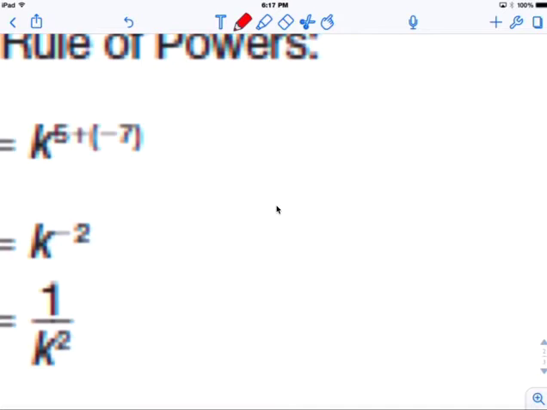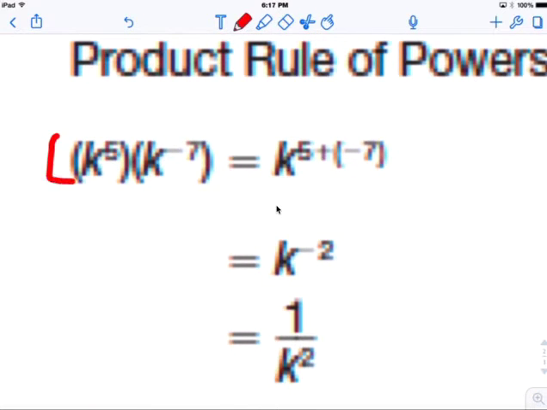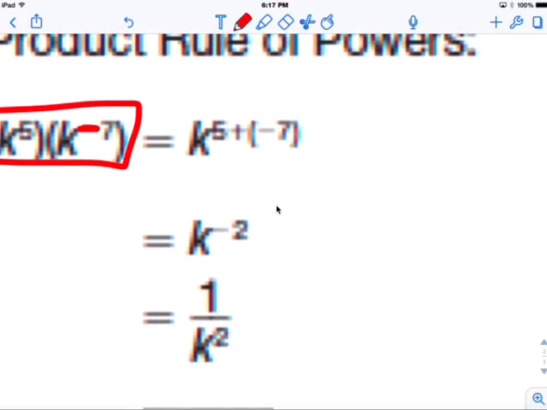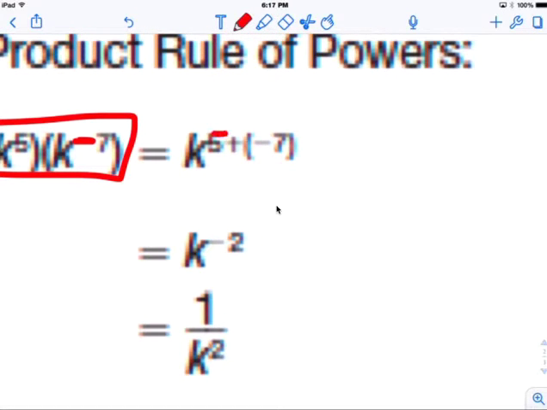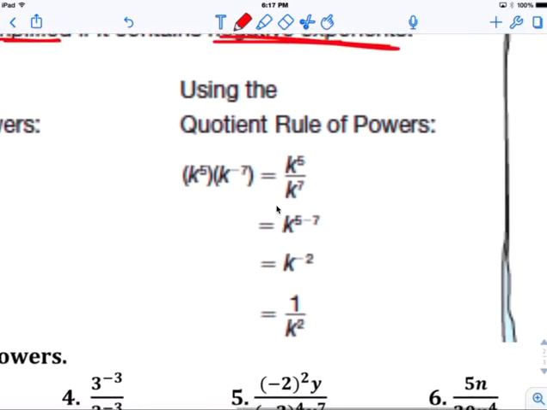So this is not simplified because of this negative exponent. So you add them. 5 plus a negative 7 is k to the negative 2. So that's not simplified. You need to put a 1 under, flip it, 1 over k to the 2nd power.